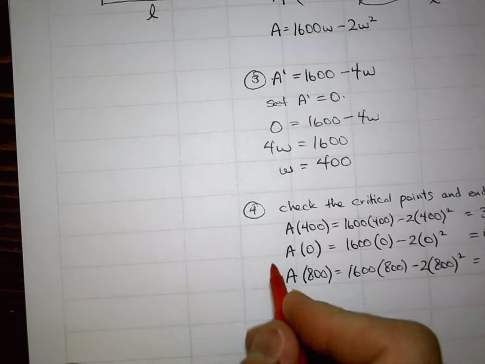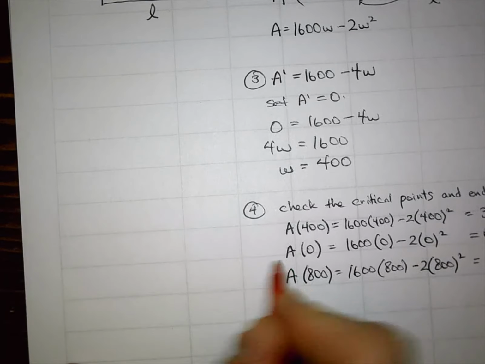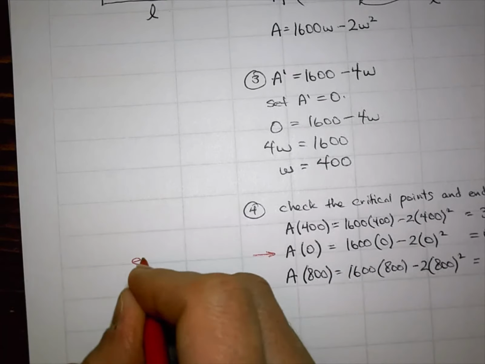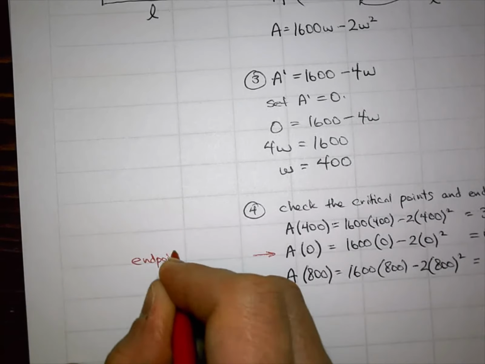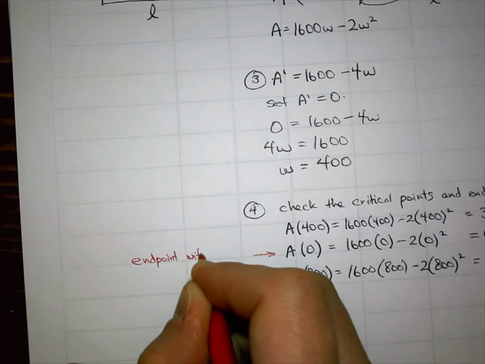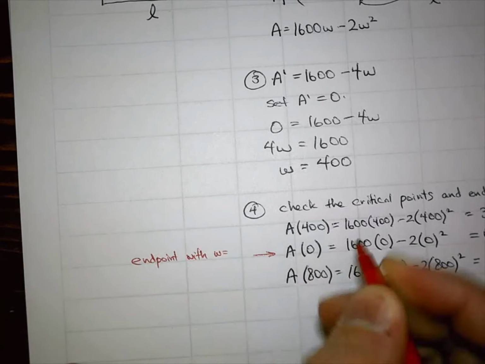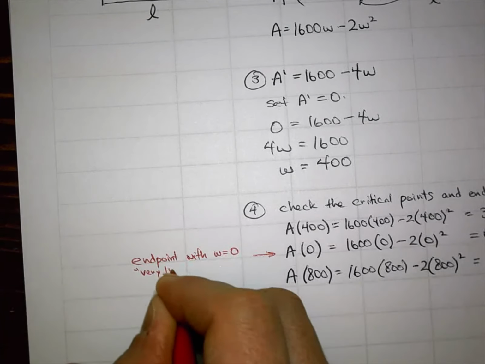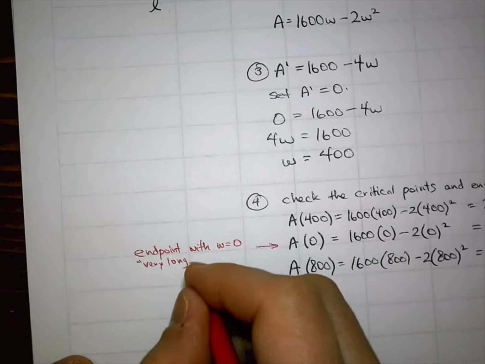Let me just explain a little bit here. Let's call this one endpoint with width equals 0. Very long pen.